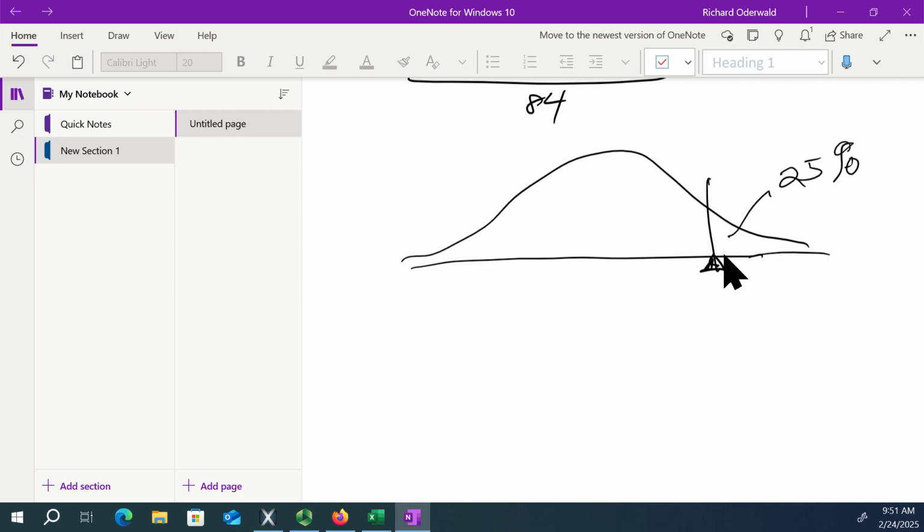So what do I have to give .INV to get that number right there? 75, because it can only come from the left. So I'm going to use 0.75 in the INV.